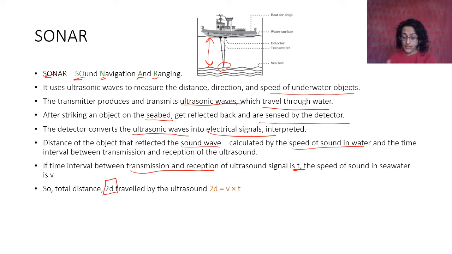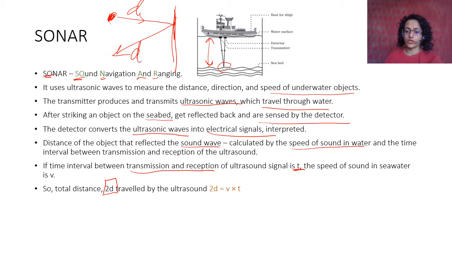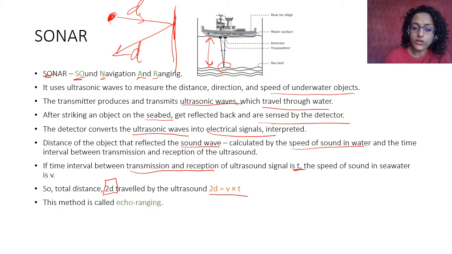We have talked about this, when there was a person who was shouting, and then his voice was getting reflected from a reflective surface. You know that it takes d distance to go to this place, and then d distance back to that observer. So that is why the total distance covered for it to come back to you is 2d. It is the same thing with sonar. So total distance 2d is equal to v into t. This method is also called echo ranging.